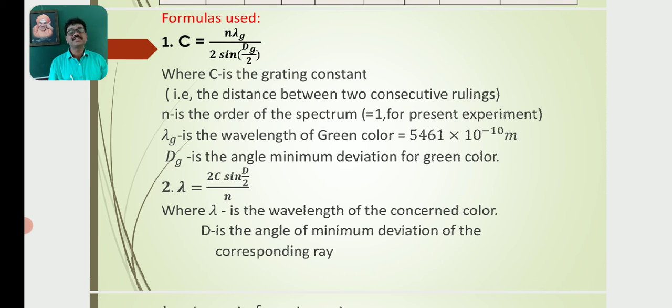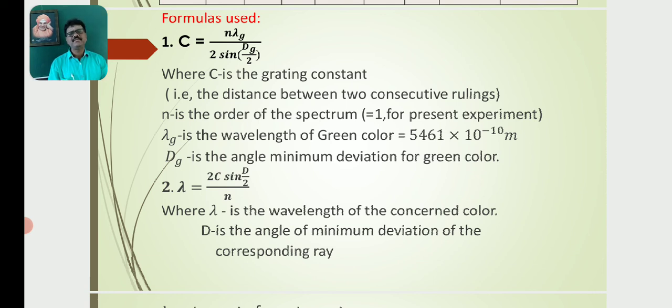5461 angstrom, that is 5461 into 10 power of minus 10 meter. This is the angle of deviation for the green color. Then by substituting all those values in the above equation, we can determine the grating constant.